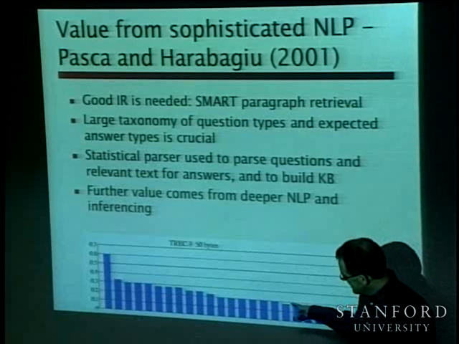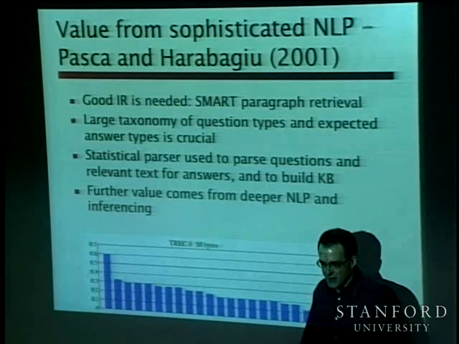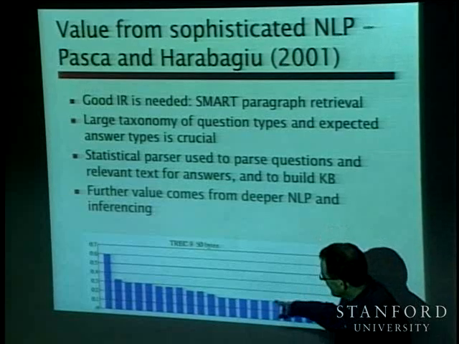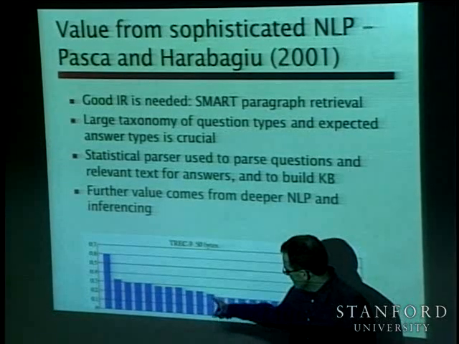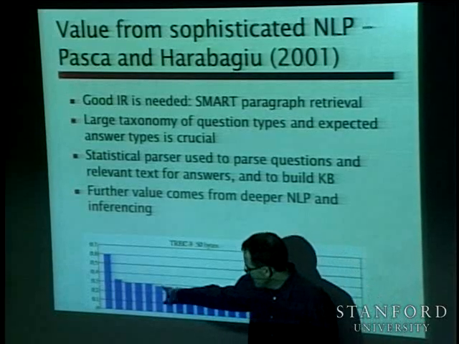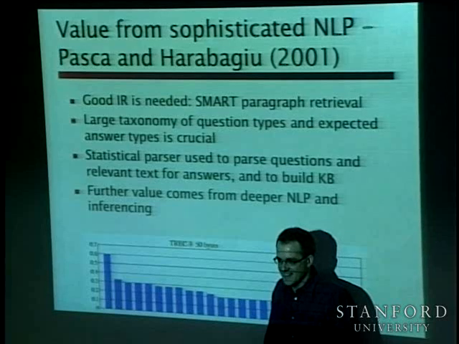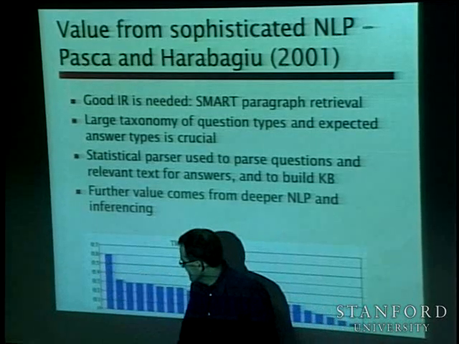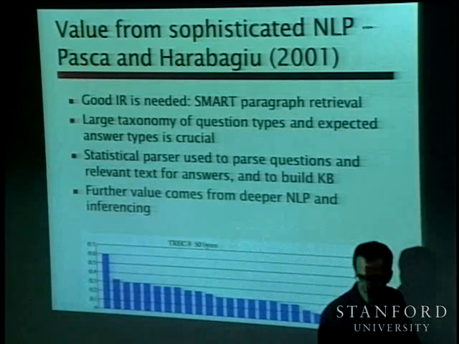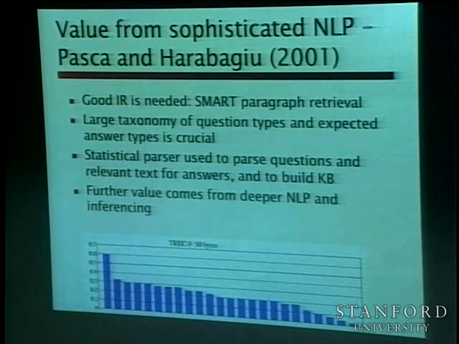These are the systems that sort of did information retrieval and a bit of extra stuff, and you get to a mean reciprocal rank of 0.2. These are the systems that are somewhat better, and maybe they have some stuff in them like named entity recognizers and various other things. And then these are the LCC results. And in terms of mean reciprocal rank, their results are actually almost double anybody else's.